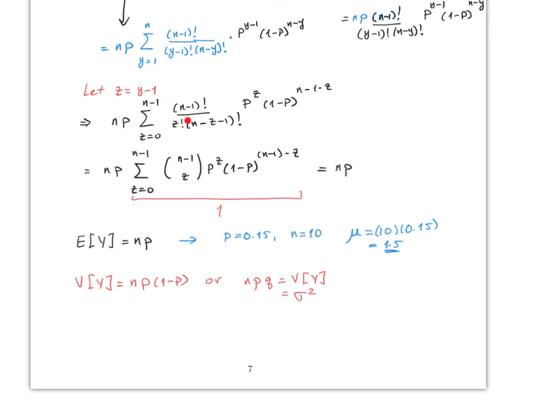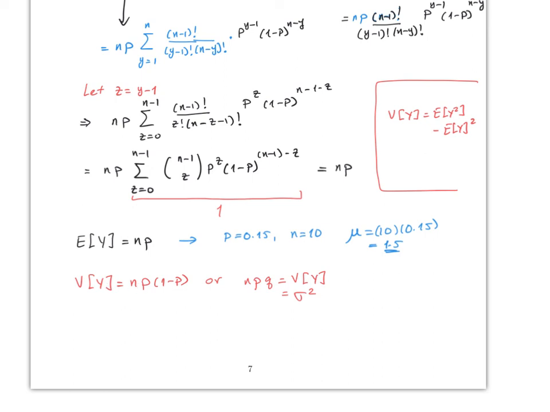It's a little more messy, but remember, the variance of any random variable is equal to the expected value of y squared minus the square of the expected value of y. So all the work we did here is to get this. If you have time, just give it a try. It's more time consuming than this one, but it's not impossible to do. And you will end up with this.